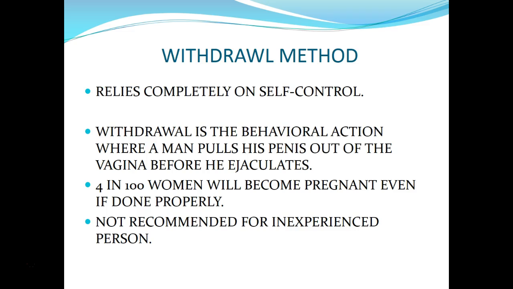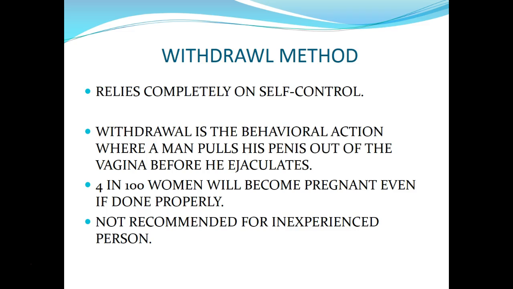There's also another natural method that is also termed a situational contraception, and this is called the withdrawal method. And yes, this is actually a form of contraception that is recognized. It completely relies on self-control by the male.